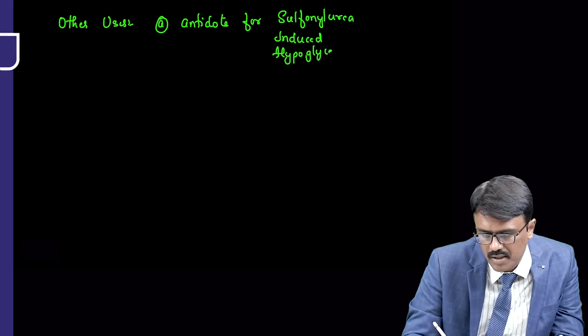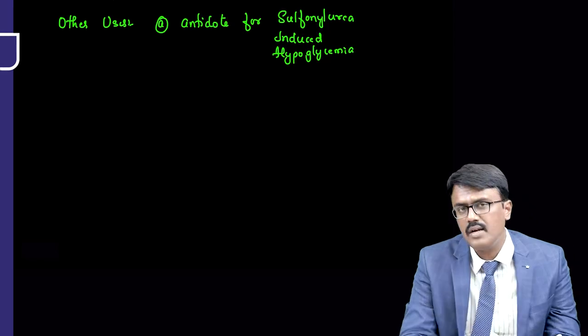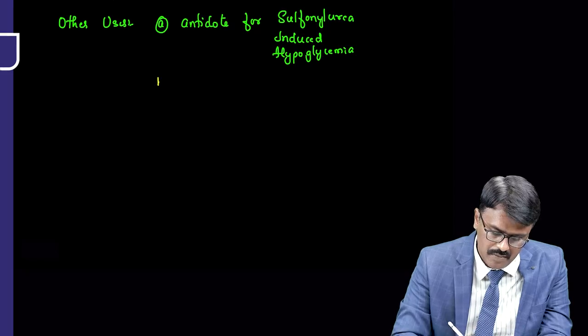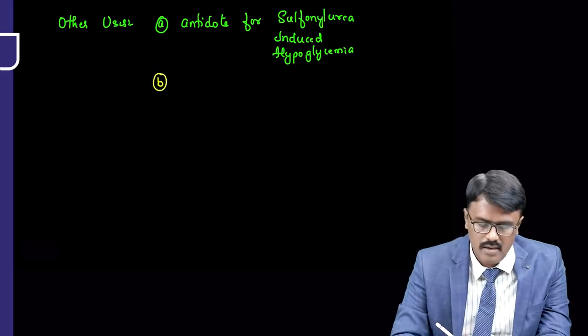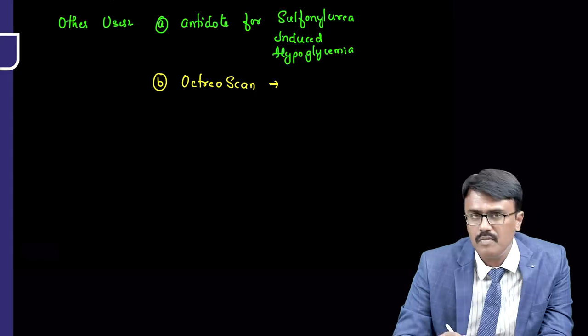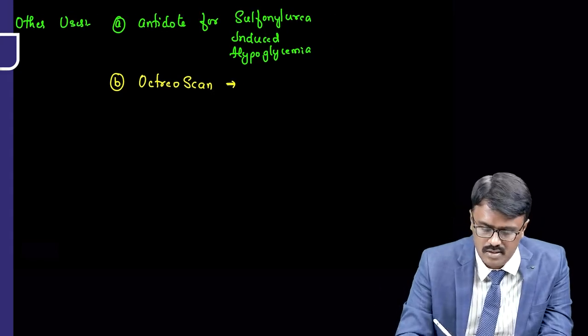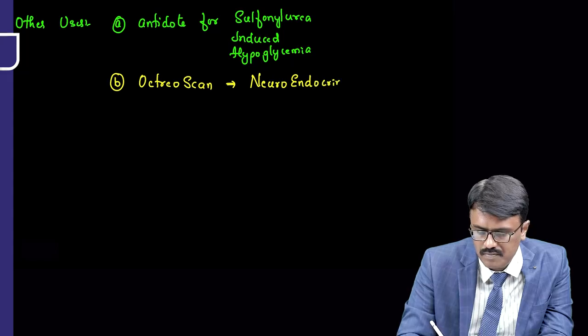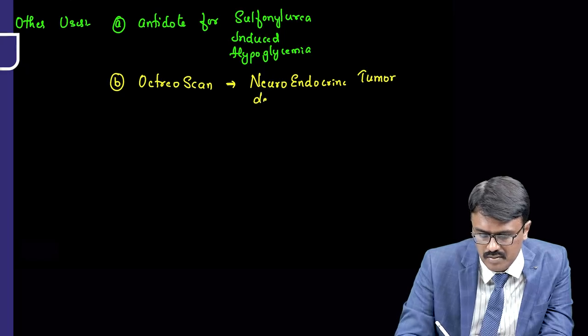So when sulfonylureas are used, and you know that they are hypoglycemic agents, to overcome that we use this drug. Second, it is also used in a scan called octreoscan. Octreoscan is a scan used for detection of neuroendocrine tumors.